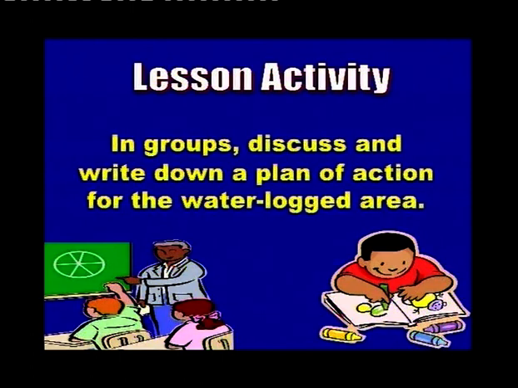Okay, so you are going to discuss in your groups and write down a plan of action for the waterlogged area. Now we've just gone through the factors that you have to consider when you are planning your actions for the waterlogged area.